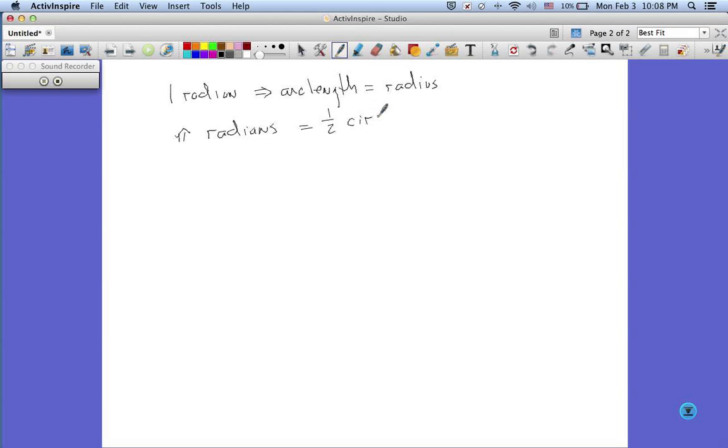Well, we know, because we've grown up dealing with degrees the whole time, that 180 degrees is half of a circle. So by the transitive property, we can say that pi radians is equal to 180 degrees.